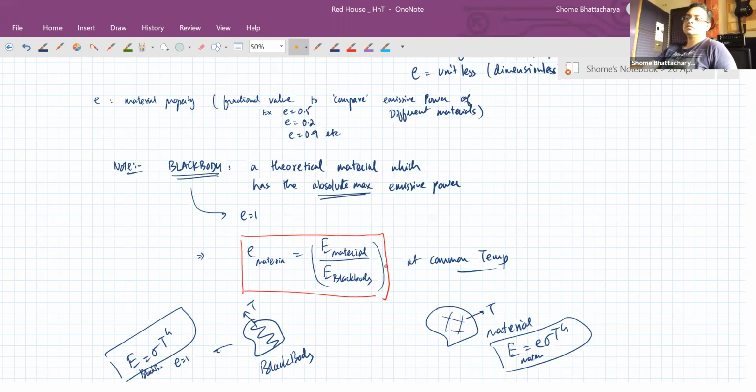And that's why it's dimensionless. Right, so that is the definition of emissivity.